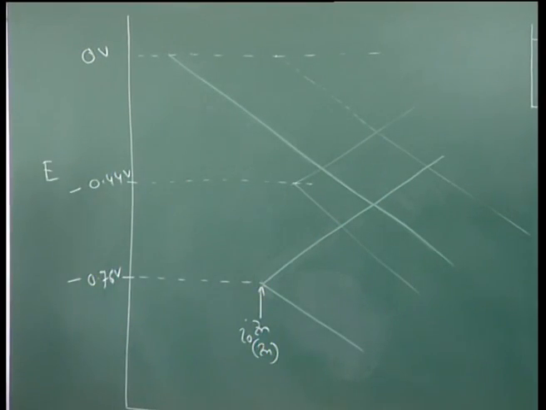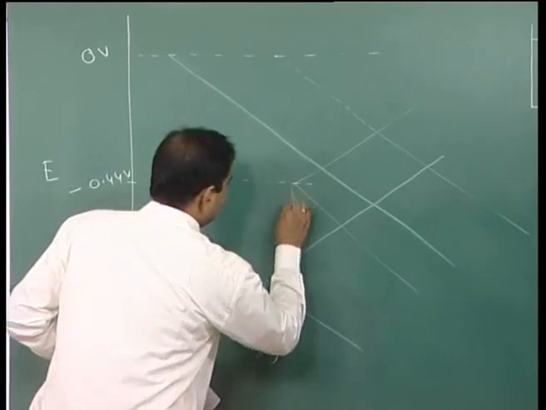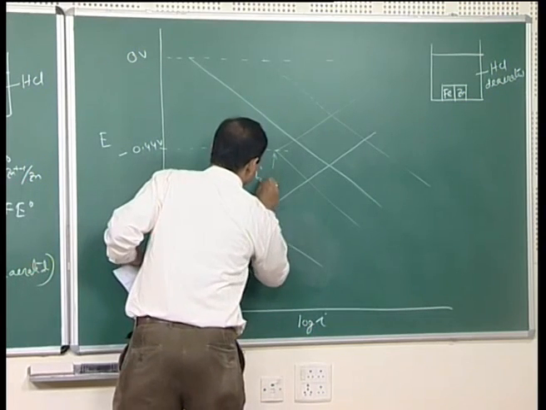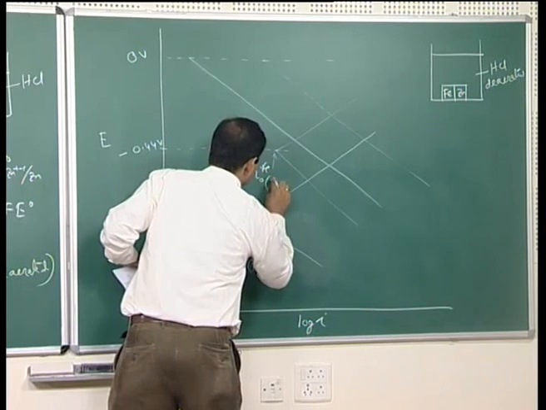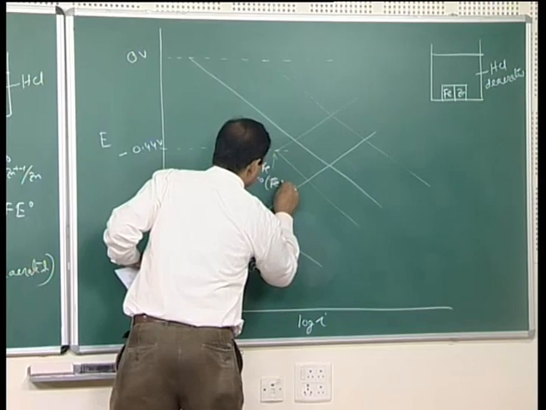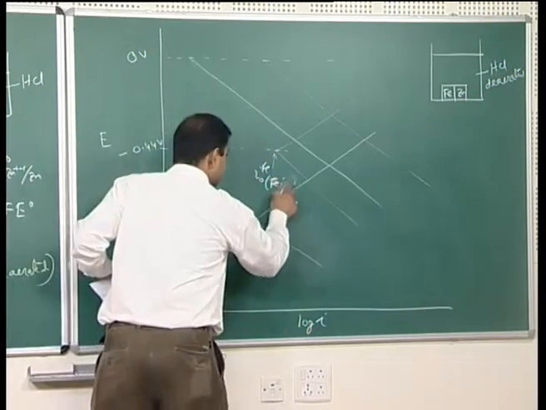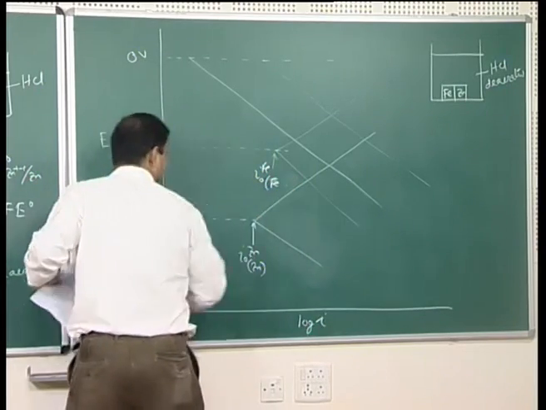Okay. Now, this is I 0 for iron, on iron surface. This reaction is taking place on iron.